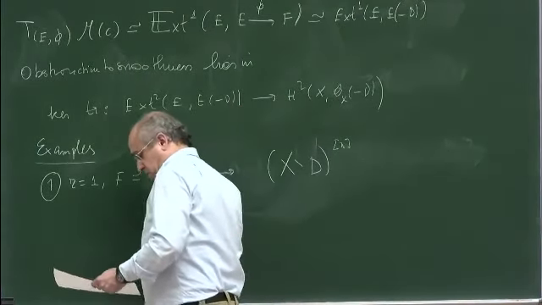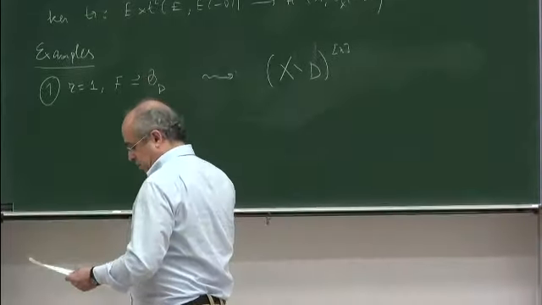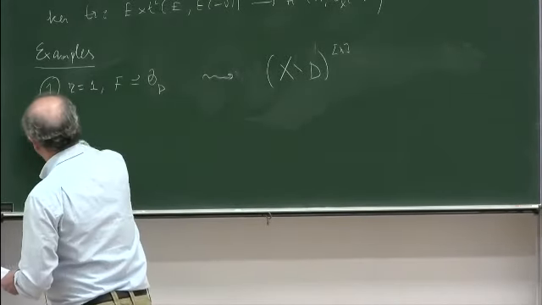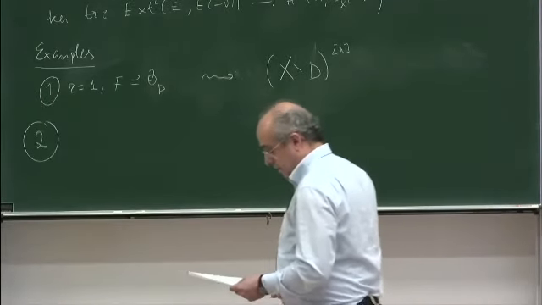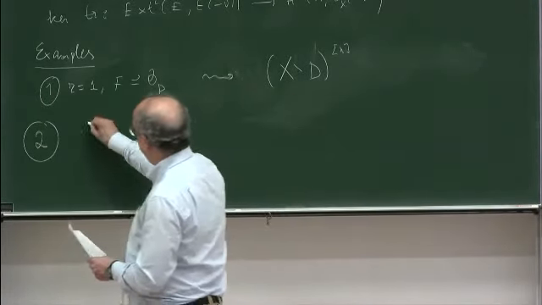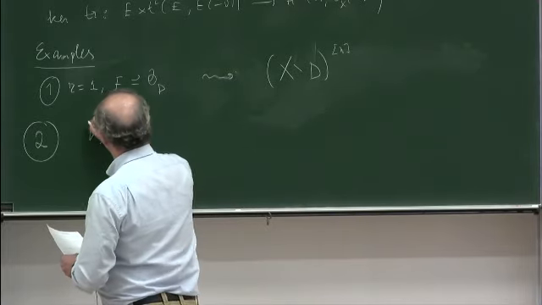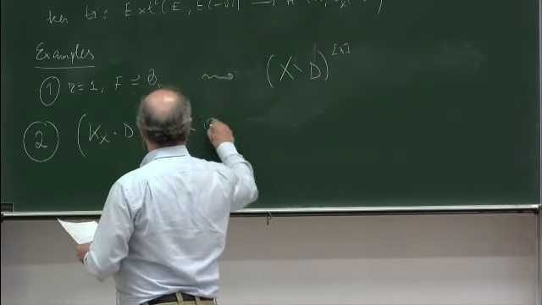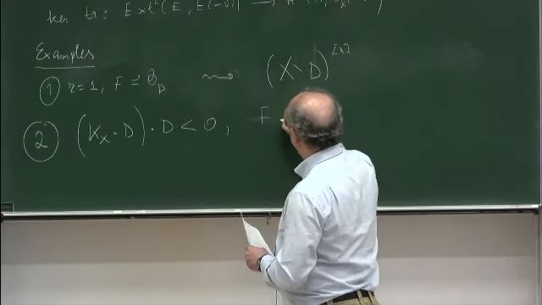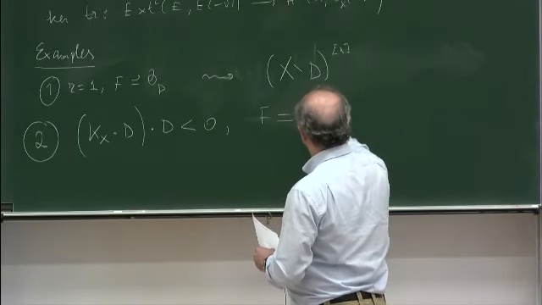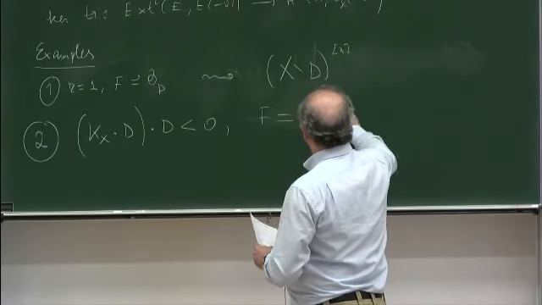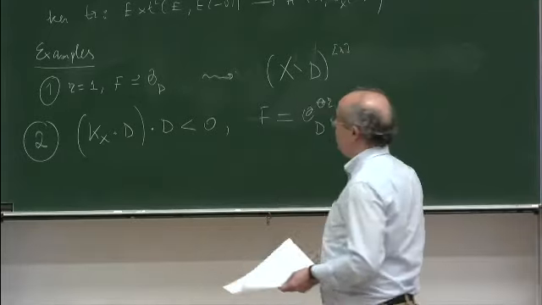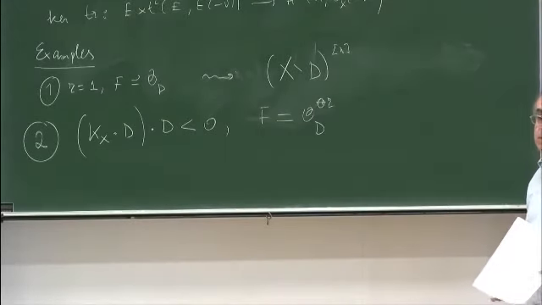And the second example is the situation to which all those cases I mentioned belong, in the sense that you may prove that if this is true, and F is trivial, then that condition is satisfied.